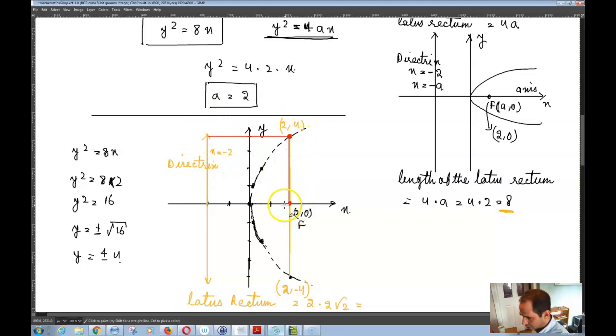And as you can see, this is 4 units, and this is exactly 4 units over here. And so that is basically the definition of a parabola.